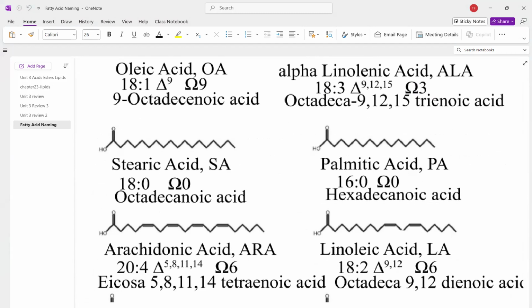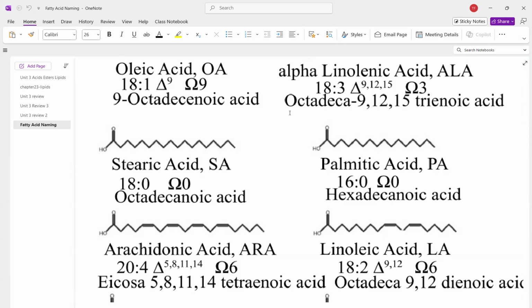It's abbreviated SA, and it's an 18 carbon organic acid. Now, to name it, it's called octadecanoic acid. Octa meaning 8, deca 10, so 8 plus 10 is 18. So octadecanoic acid is stearic acid, common name, abbreviation is SA.